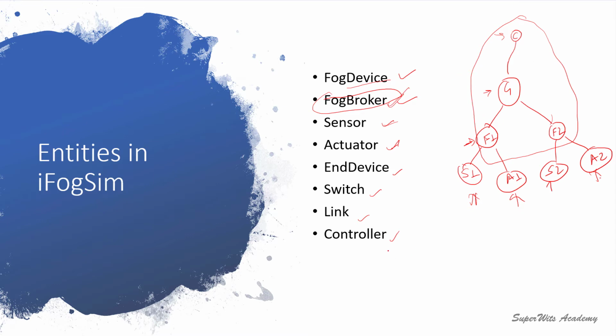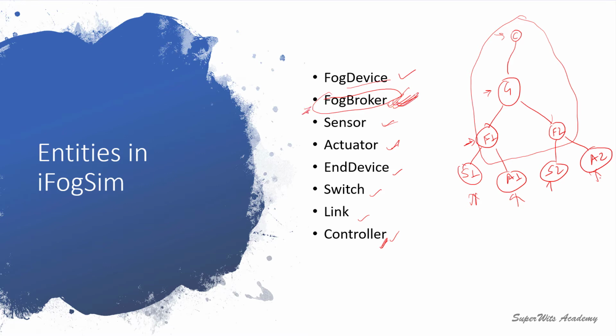Not in fact placement, which is the job of the controller, but the fog broker is responsible for the scheduling part, right? So where you are going to schedule and allocate your jobs in terms of the application process. This fog broker is a new thing in our discussion.